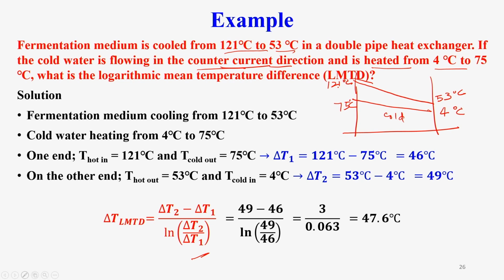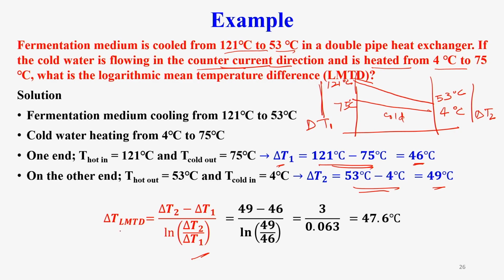Now we can calculate delta T1. Delta T1 will be 121 minus 75, 46 degree centigrade. Typically this T should be taken in degree Kelvin, but the difference will remain the same. And this difference will be delta T2, 53 minus 4, 49.